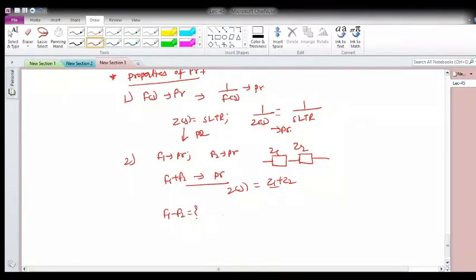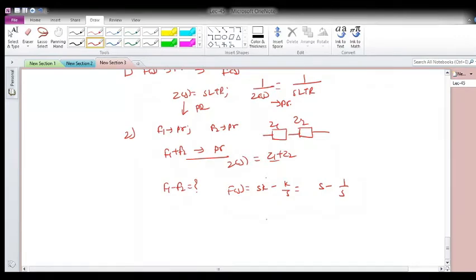That we have to calculate. For example, say F(s) is s minus 1/s. Let us check whether it is PR or not. Check for the real part of s: it will be σ + jω.